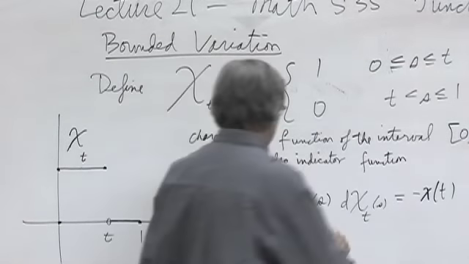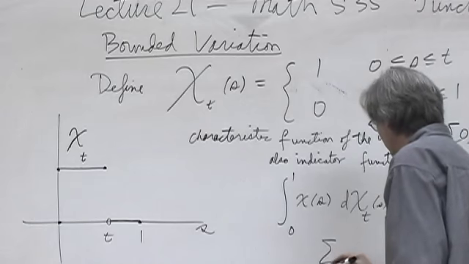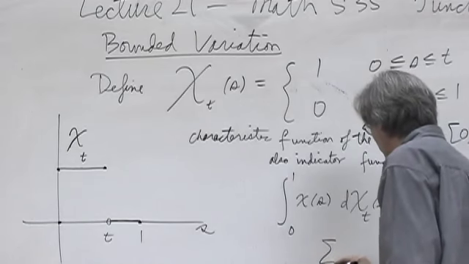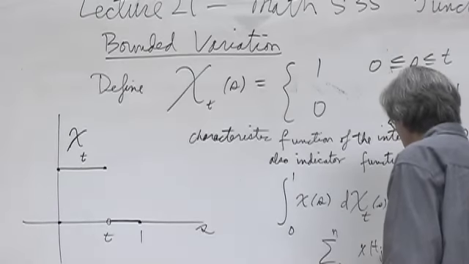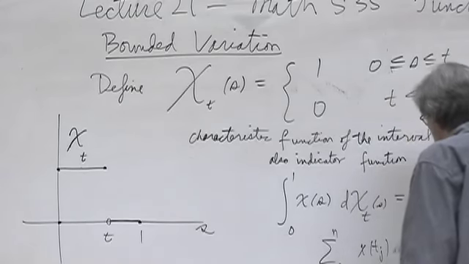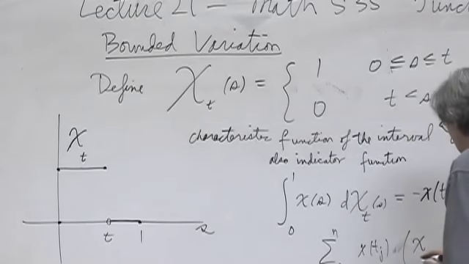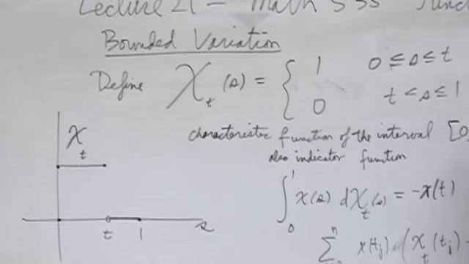If I do this, what is this? This is the summation, j goes from 0 to n, of x of t sub j minus 1 times chi sub t of t sub j minus chi sub t of t sub j minus 1.